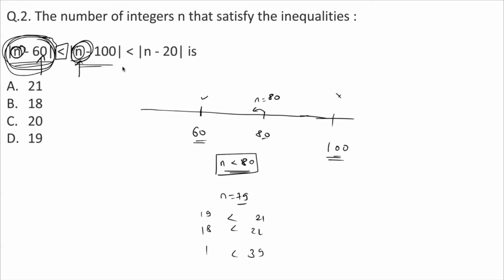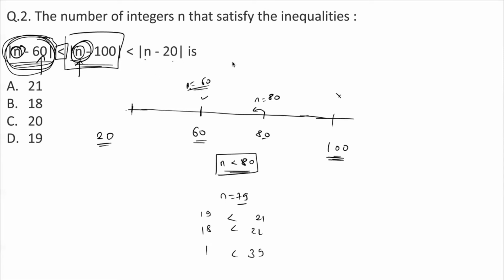Now we focus on the next condition. The distance of n from 100 should be less than the distance of n from 20. So we'll just put 20 here. Now, if n is equal to 60, the distance of n will be equal from 20 and 100, 40 units each. But the distance from 100 should definitely be lesser than the distance from 20.